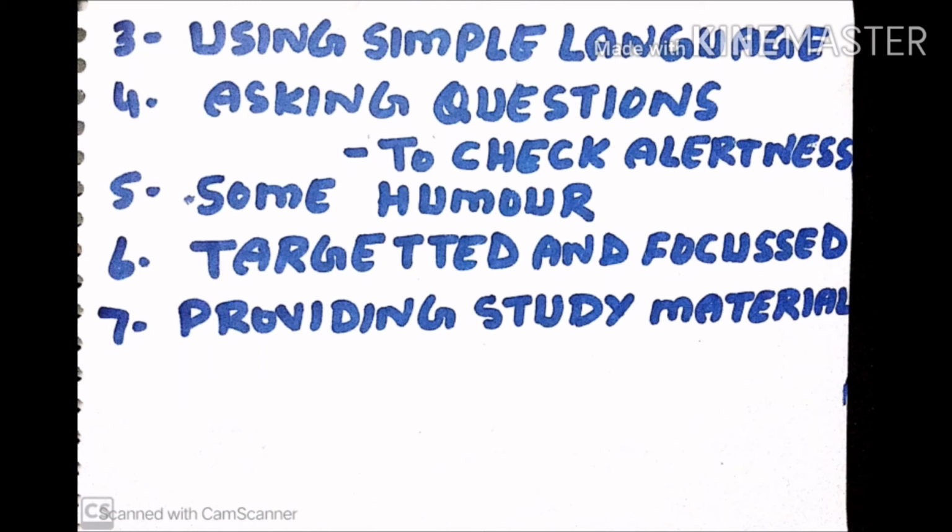Another suggestion to make the lecture method more effective is that students must be given some study material or notes in the end, so that whatever they have listened to and come to know in the classroom, they may get confirmed after reading those materials, and those reading materials must be in accordance with the matter given in the lecture.